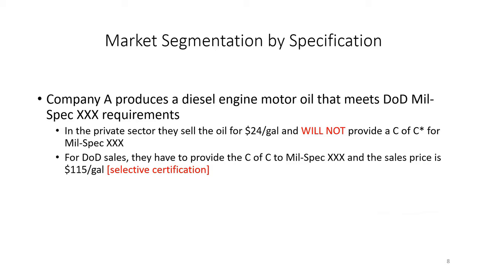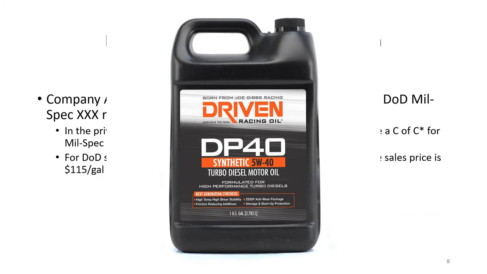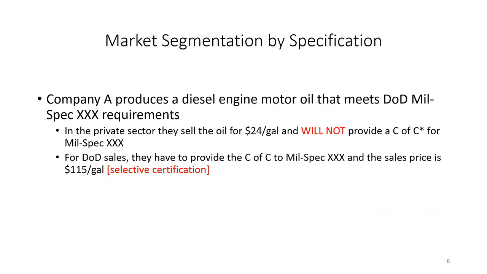Another example of market segmentation by specification might be the case of a company that produces a diesel engine motor oil that meets a certain Department of Defense military specification. Obviously, the company can sell to the military, but they can also sell into the private sector through Walmart, through NAPA Auto Parts, any other distribution firm.